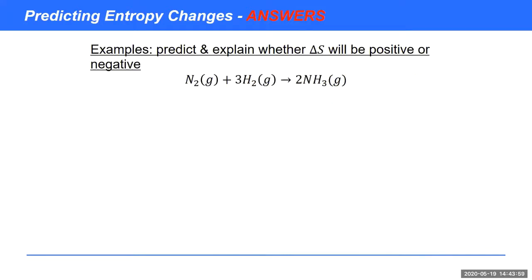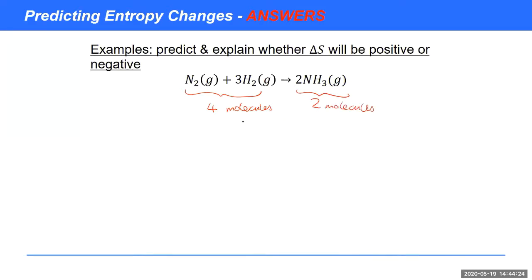Now this one here was a little bit different. 91% of you got this right, which is that actually entropy does decrease here. And here we've got all gases, so we can't use the states of matter. What we can do here is calculate that we've got 4 molecules on the left-hand side and 2 molecules on the right-hand side.